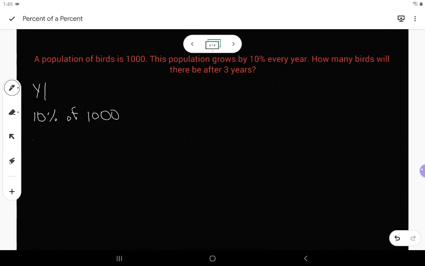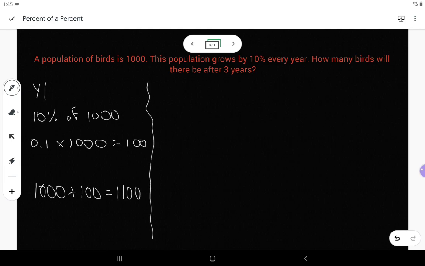10% of 1,000 is the same thing as 0.1 times 1,000, and that gives me 100. So at the end of year 1, my 1,000 birds have added 10 more percent, and now we have 1,100 birds flying around in the sky. Okay.